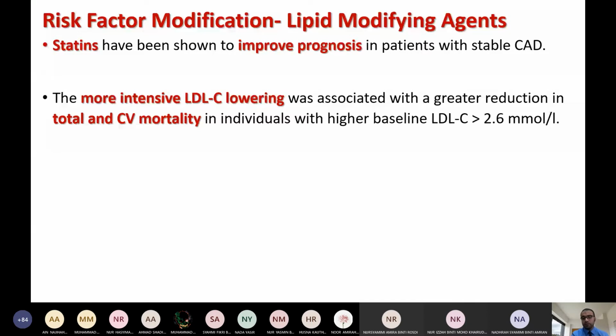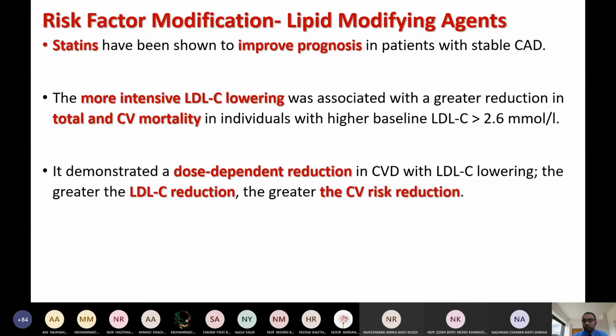And more intensive low density lipoprotein cholesterol lowering was associated with greater reduction. This is one of the concepts in using statin therapy, what we call the lower the better. The lower the better means that the lower you go with the LDL level, as much as possible, the risk will also decrease. The incidence of cardiovascular mortality will decrease. This is not uniform with all medications, but it is unique to the statin or lipid lowering therapy evidence.